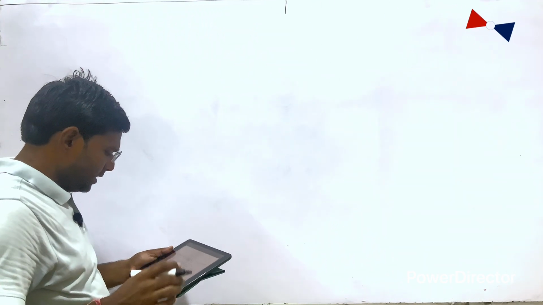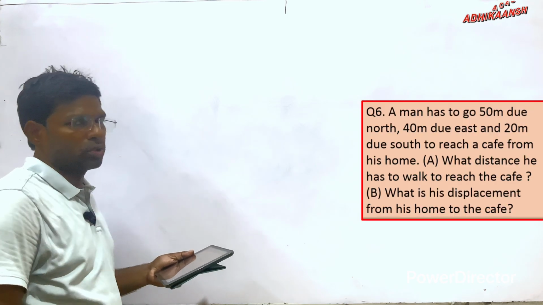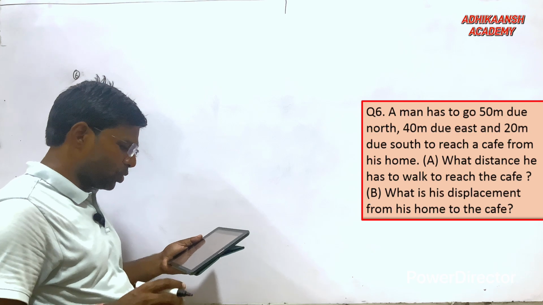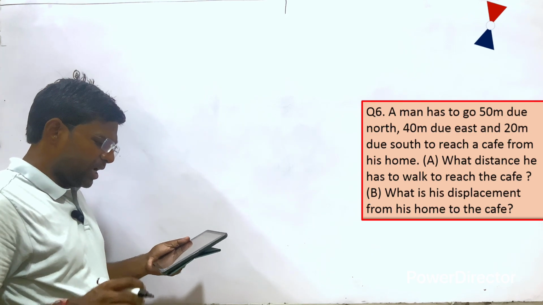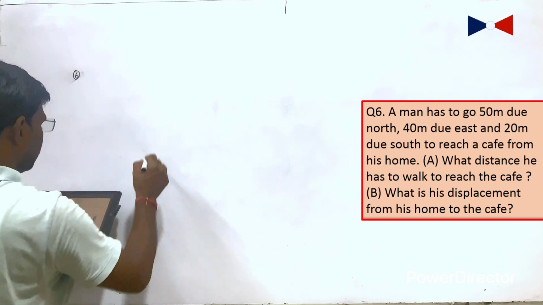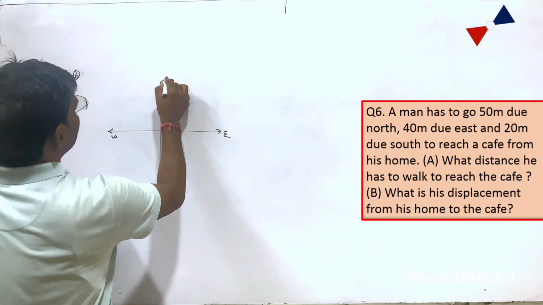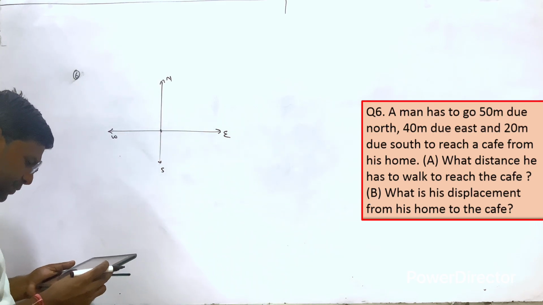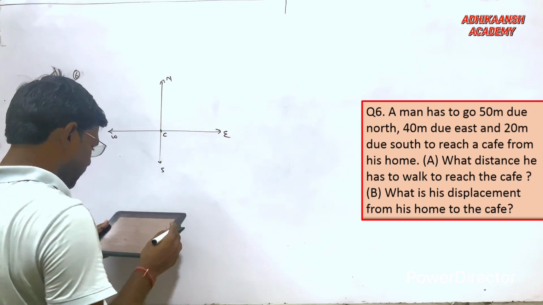Okay. And in this question, a man has to go 50 meter due north, 40 meter due east, 20 meter due south, to reach a cafe from his home. You have to find the distance and the displacement, right? Suppose this is the east, this is the west, north, and south. Initially, this is the position. A cafe, suppose this is the cafe.